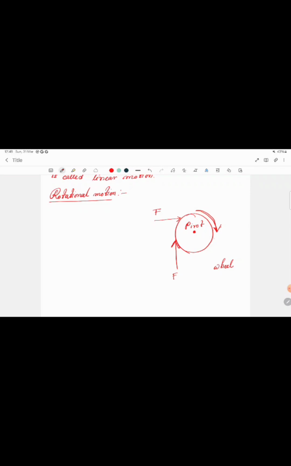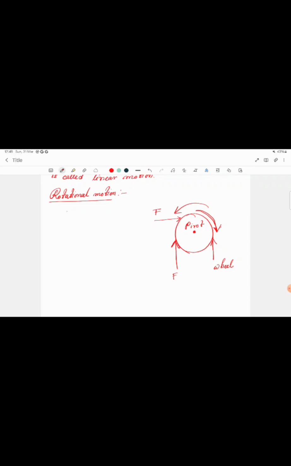But if we apply the force in this position, then the body will move in the opposite direction. This thing we always have to keep in mind. Whenever we apply some force, the body will rotate about the axis passing through the pivoted point. This is the turning effect.